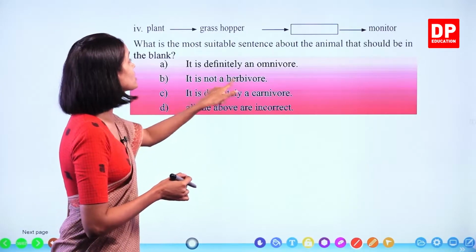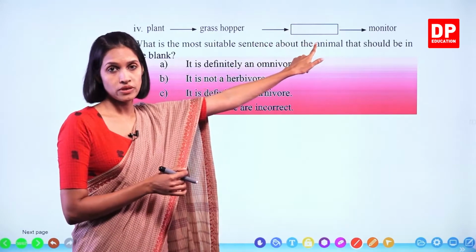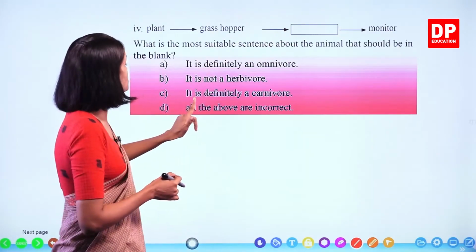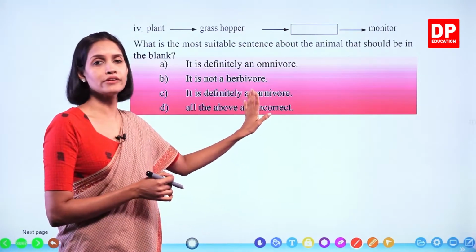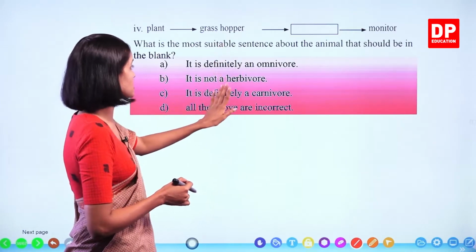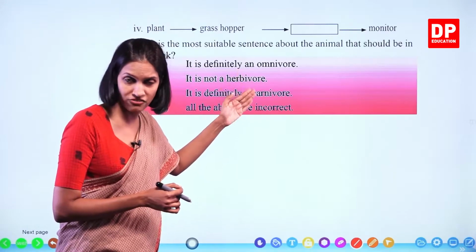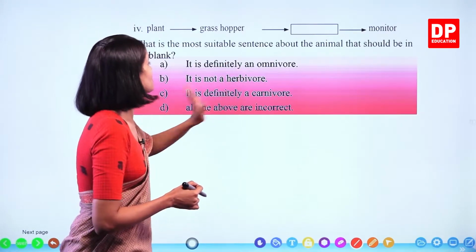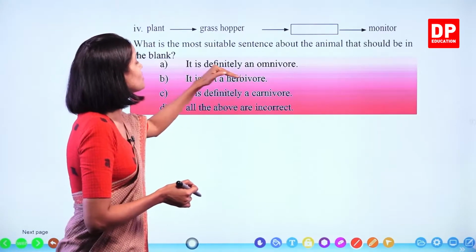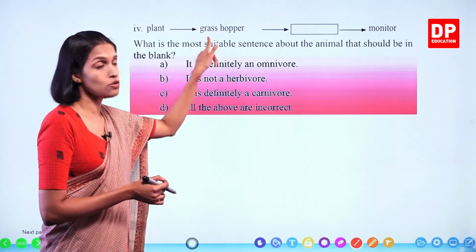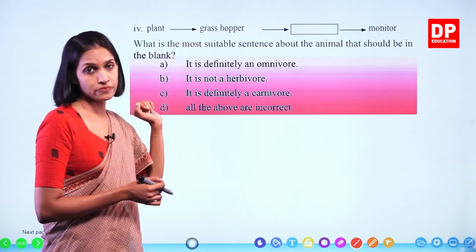It's definitely a carnivore. No. It can be a carnivore or an omnivore. Right? All the above are incorrect. No. The correct answer is there. It is not a herbivore. That is definitely a correct answer. Because herbivores come only as the second link or first consumer. Okay?